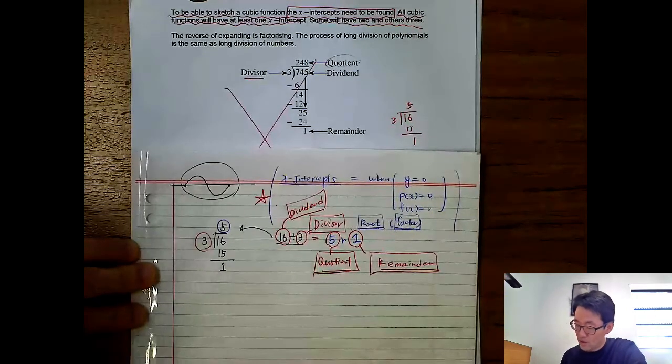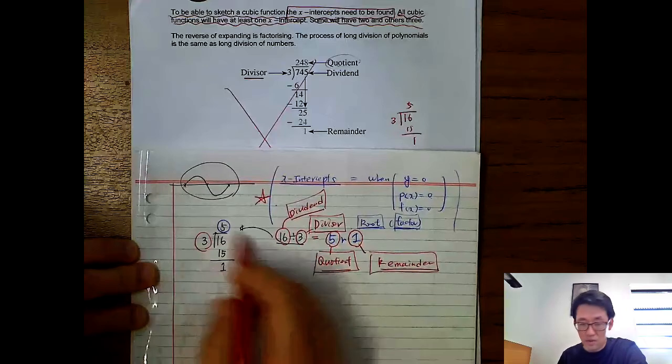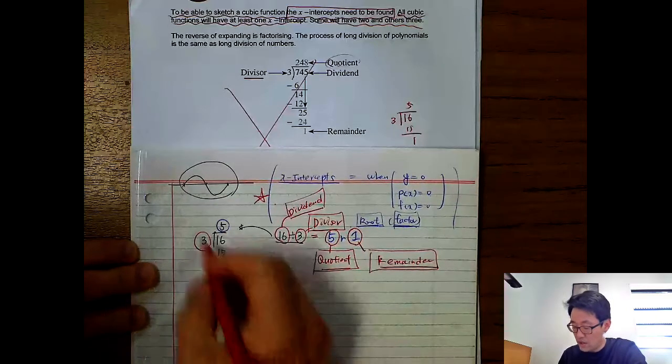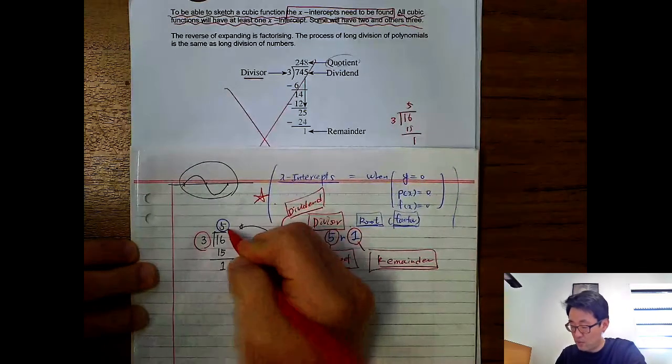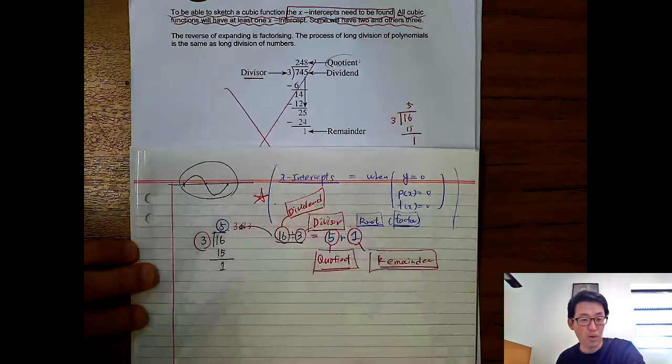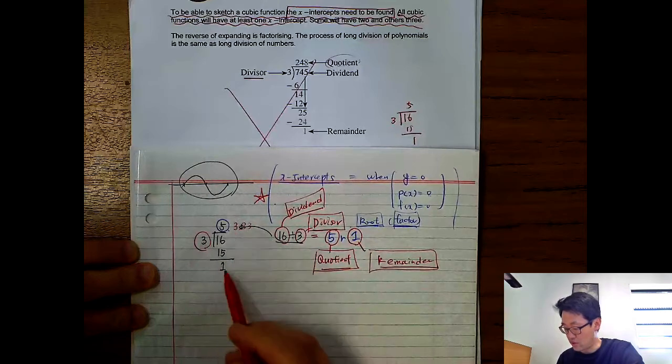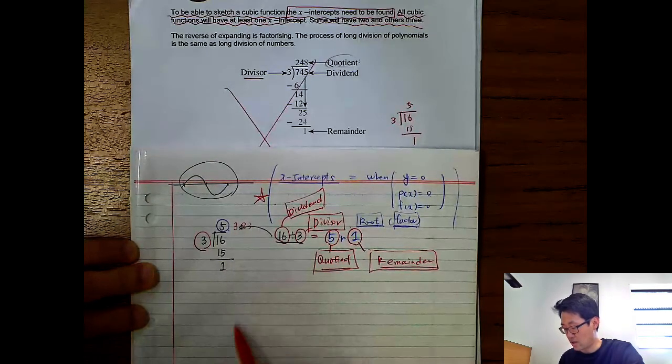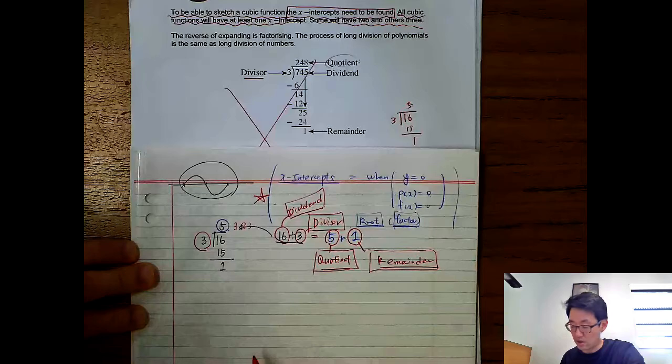If I continue, I will have 5.333, keep going. So 3, 10, 9, 10, 9, keep going. That's what we're going to get.